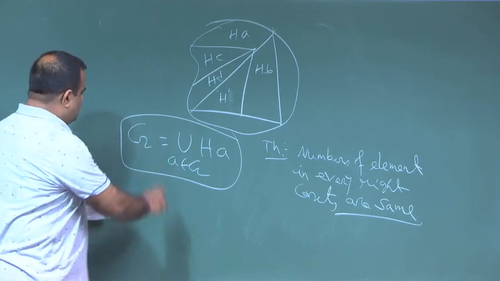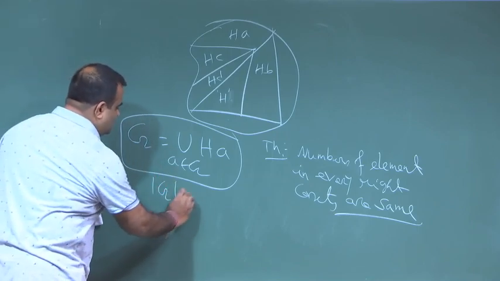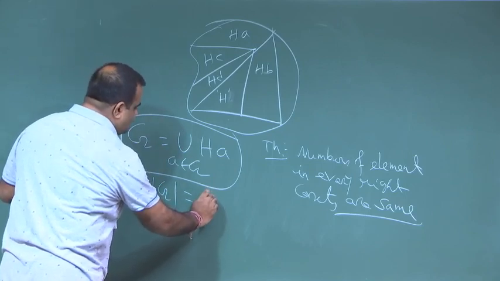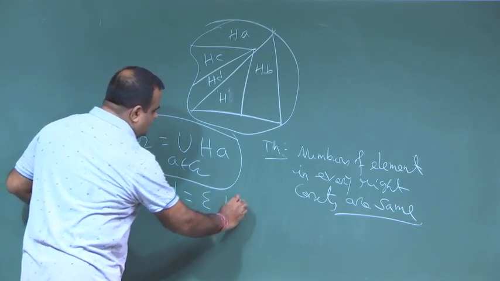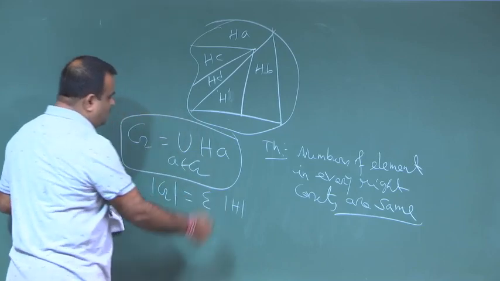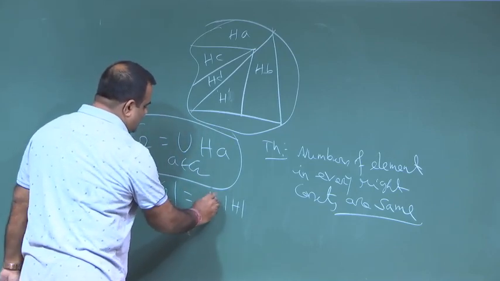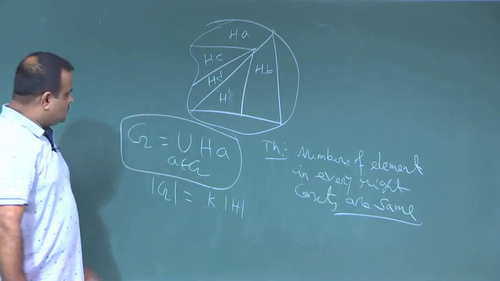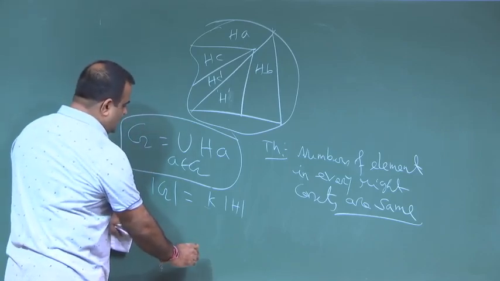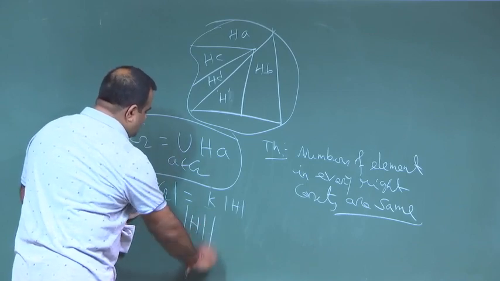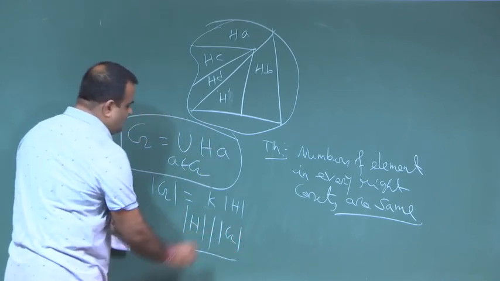So, if G is finite, then the cardinality of G is basically the product of the cardinality of H and the number of cosets. The number of cosets, if it is finite, must be finite, say k. Okay. So, that means the cardinality of a subgroup divides the cardinality of the group.